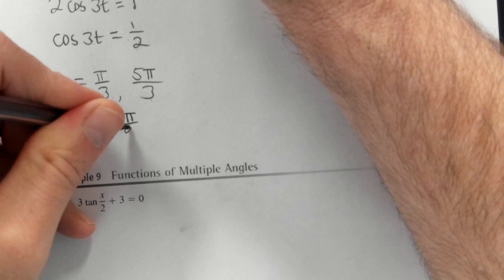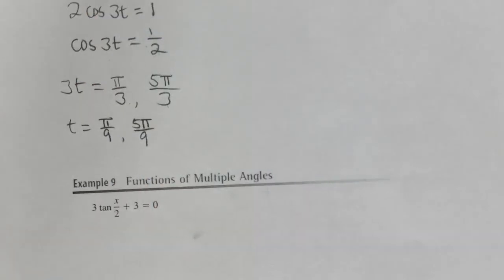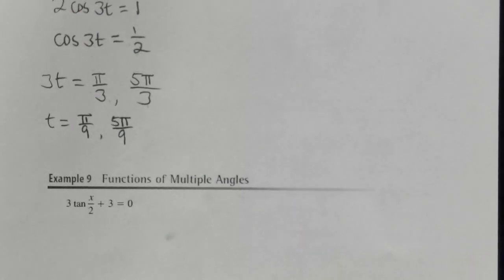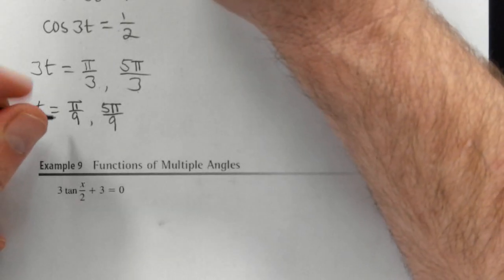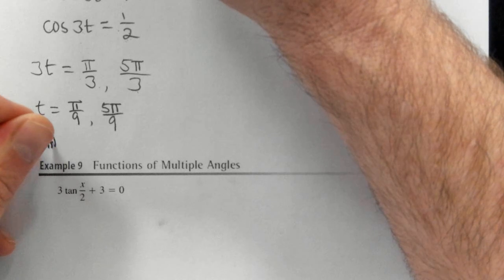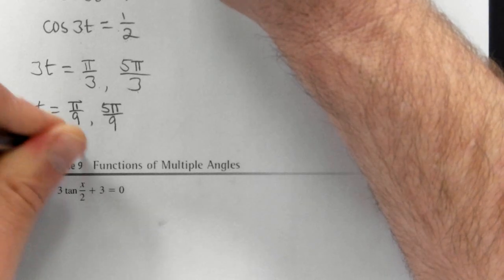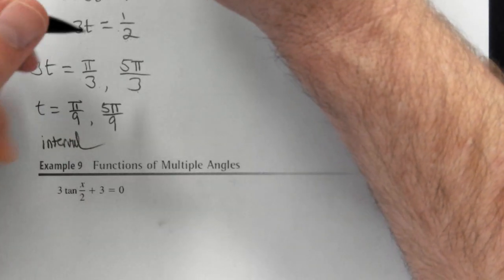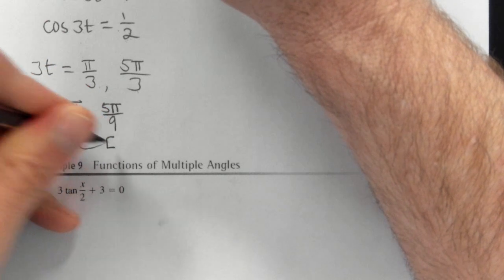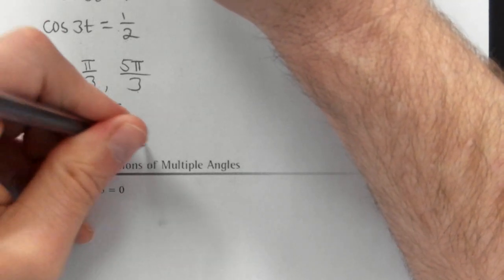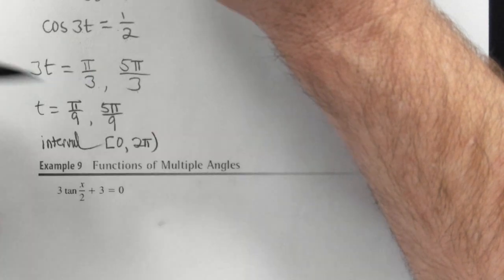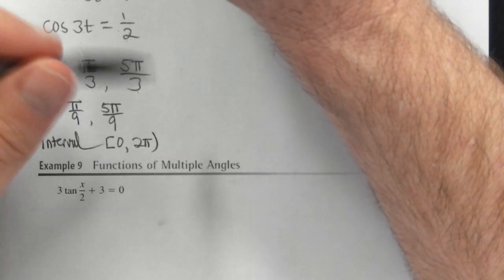I got to divide both of those by 3. That's going to be the interval solution, from 0 to 2 pi.